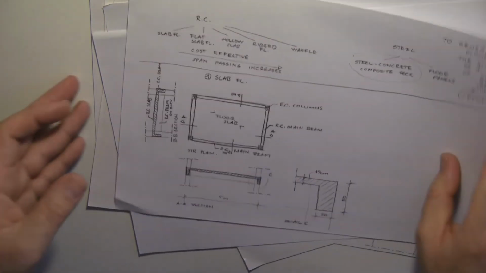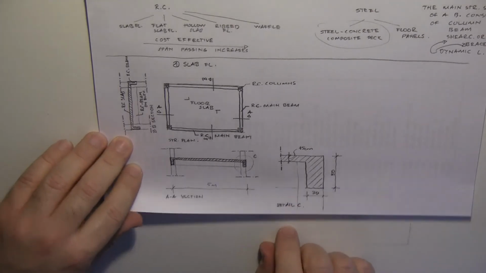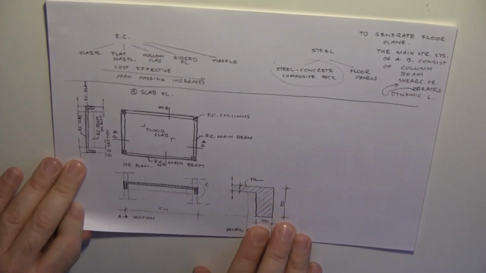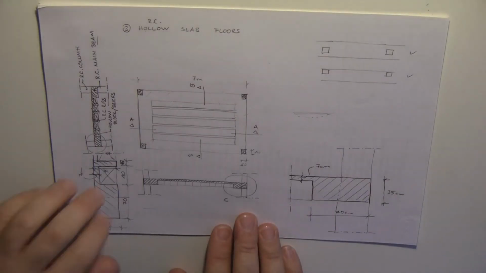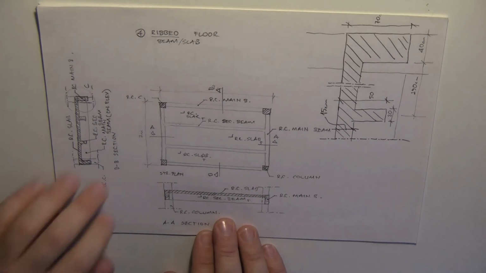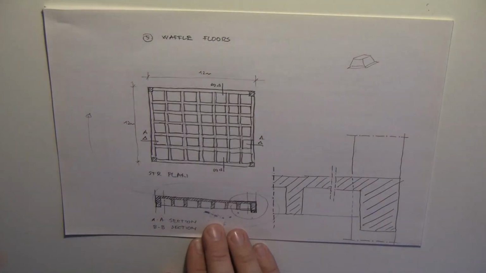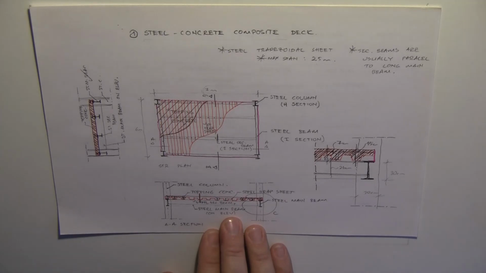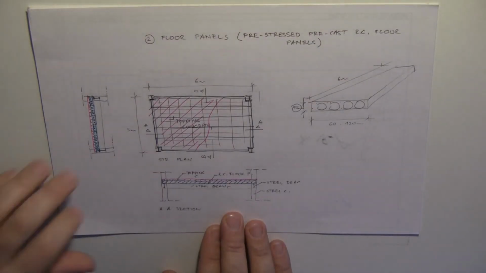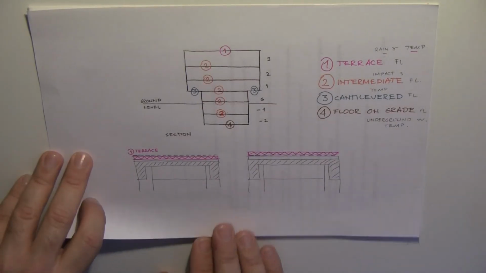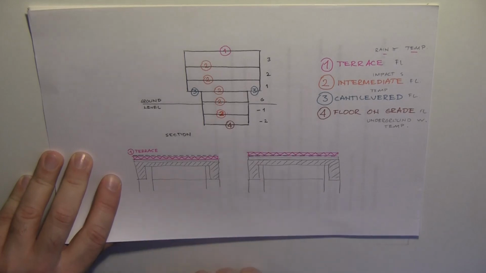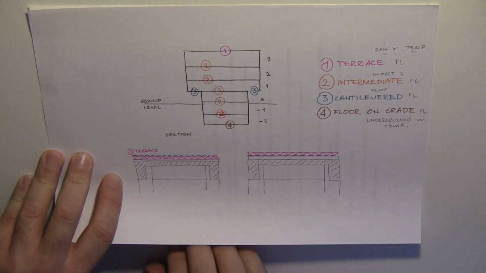So these are a set of drawings. Reinforced concrete slab floor, flat slab floor, hollow slab floor, ribbed floor, waffle floor, steel concrete composite deck type of floor, steel floor with floor panels, categorization of floors according to their places, and the typical sections of a normal and inverted roof, layer organization.